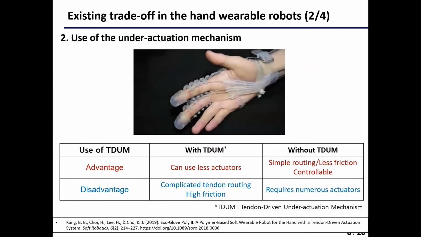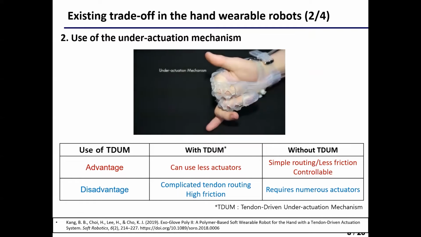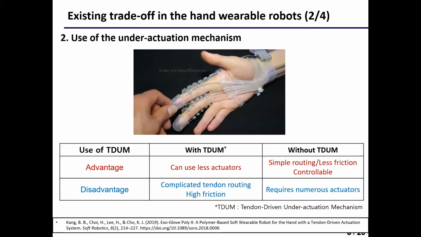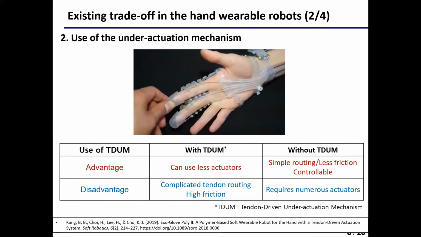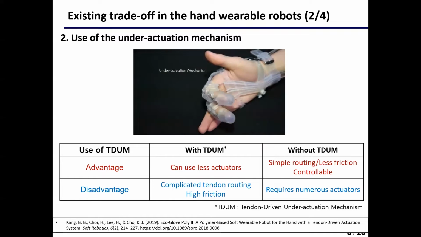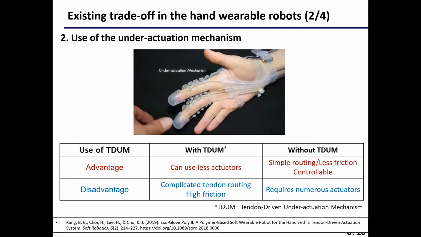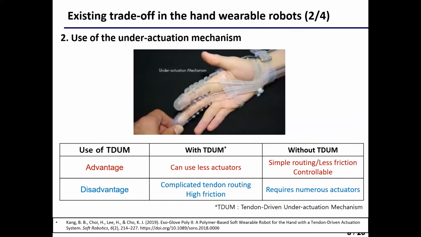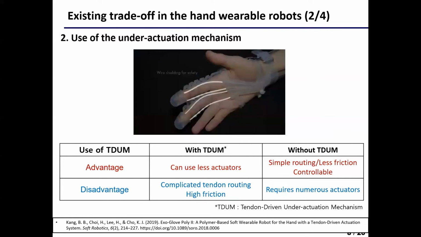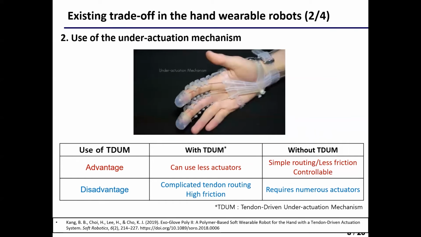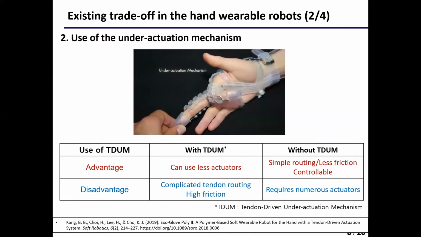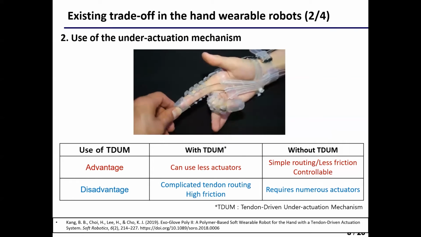For the issues related to the number of actuators, some researchers have proposed a tendon-driven under-actuation mechanism. Interestingly, using this mechanism not only reduced the number of actuators, but also produced an interesting motion pattern. As the video shows, when we use a tendon-driven under-actuation mechanism, even if one finger is blocked by the external environment, the other fingers can continue their motion.